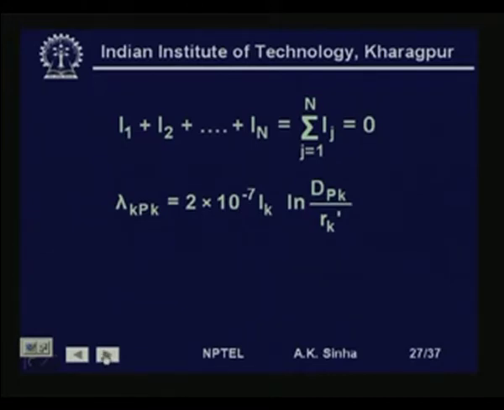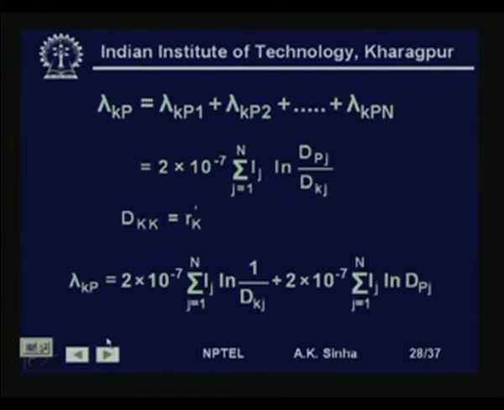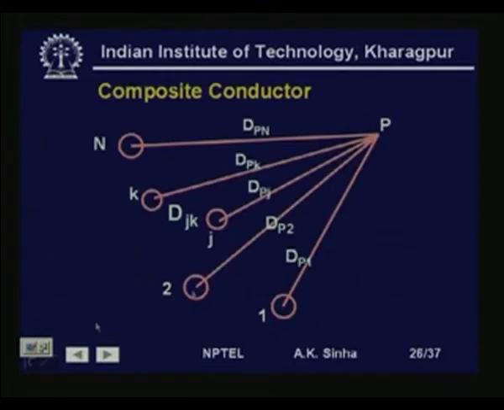Now, using the earlier relationship, we can find out the flux linkage for the conductor K up to a point P due to current flowing in conductor K, which will be given by 2 into 10 to the power minus 7 I k ln (d p k, that is the distance of the conductor K from P, divided by r dash), which is the radius of this conductor.